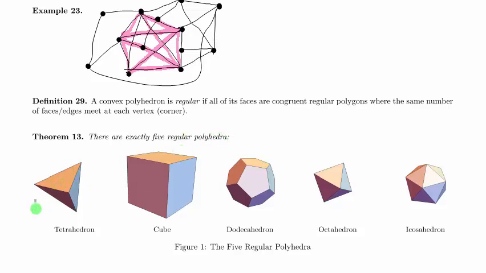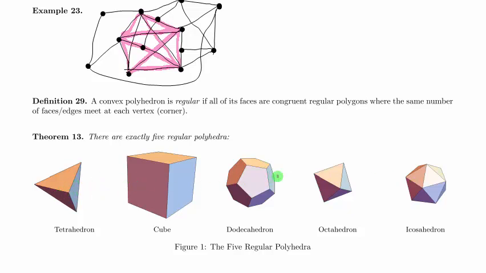And in a polyhedron, we're going to have all of these faces coming together, and the corners that are formed here are the vertices. The number of faces that meet at any given vertex is going to be a defining characteristic.